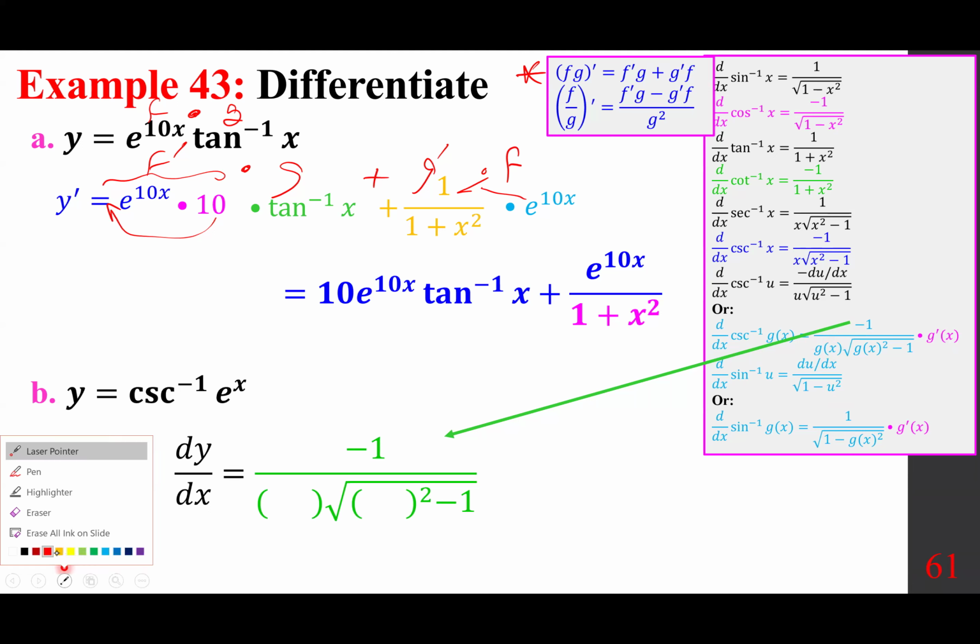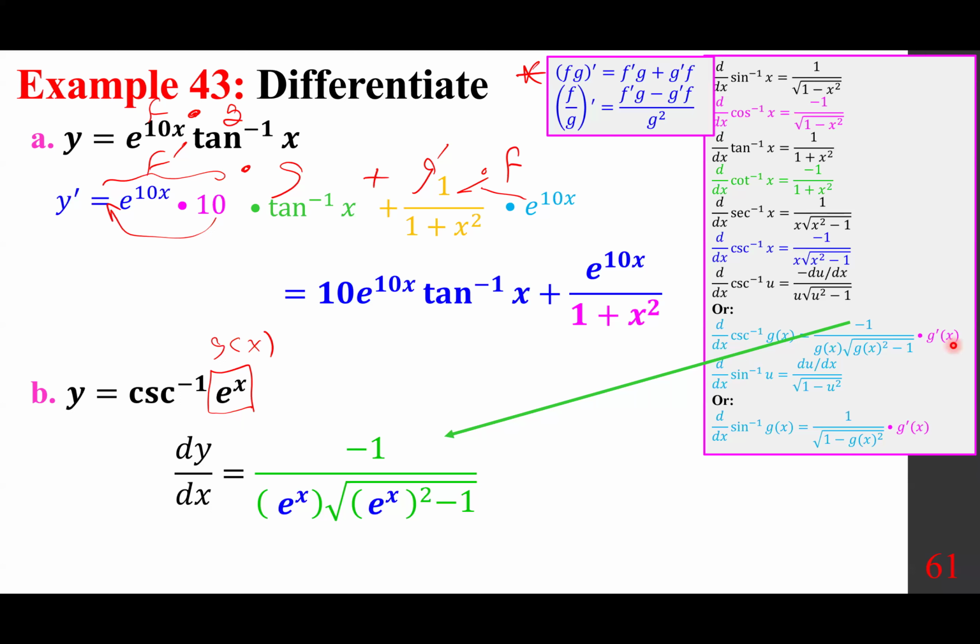Your g of x is e to the power of x, which means you are going to replace this one by e to the power of x, replace this one by the same thing, g of x or e to the power of x. Then you need g prime, everybody. Now, what is the derivative of g of x or e to the power of x? It happens to be itself. It's not always the case.